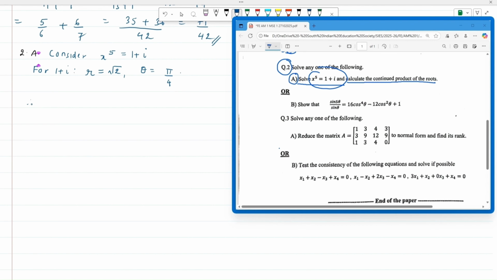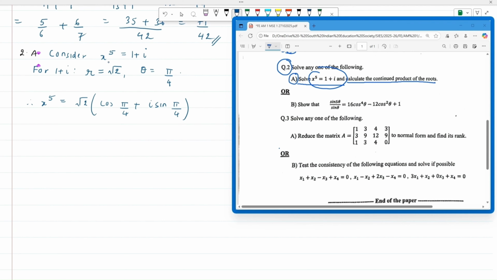Therefore I can say that x raised to 5 is equal to square root of 2 into cos of pi by 4 plus i times sine of pi by 4. And this is the polar representation of the complex number 1 plus i.